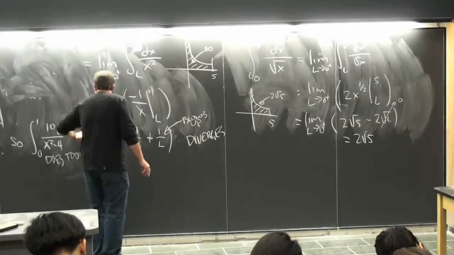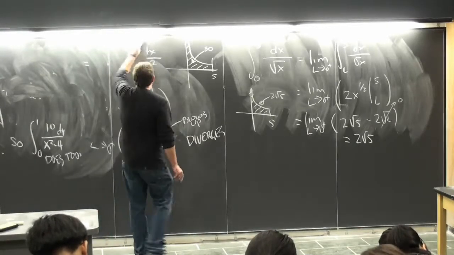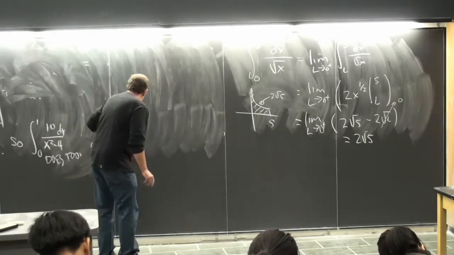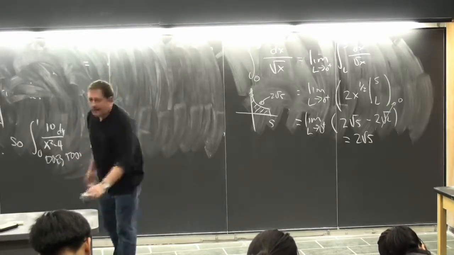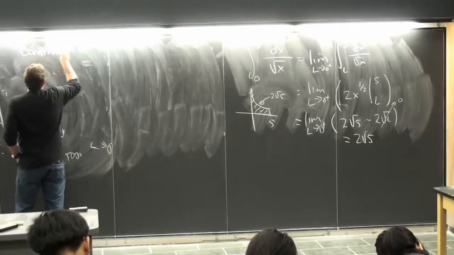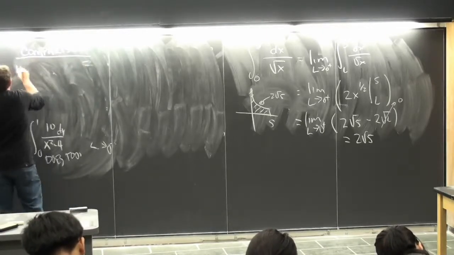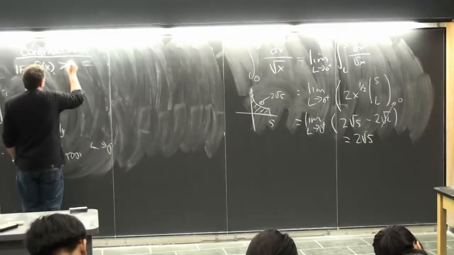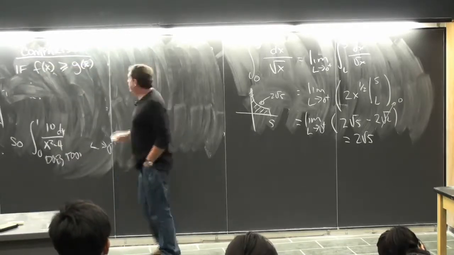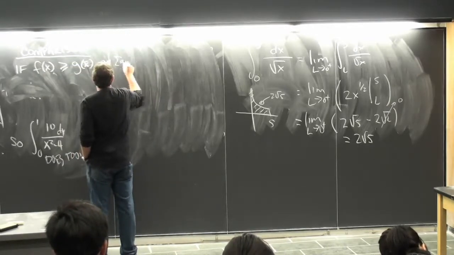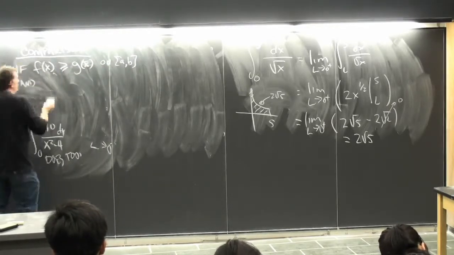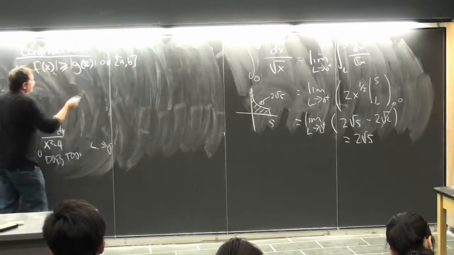The other side says that, similarly, if we've got a thing which is smaller in absolute value, so let me just write the comparison. So if f of x is bigger than g of x on my interval, and really we can do it with absolute values, it's okay.